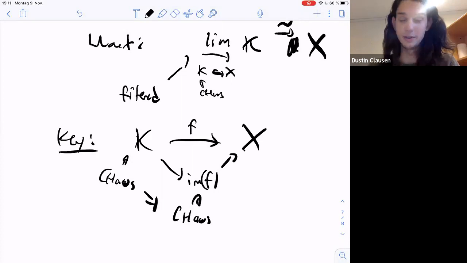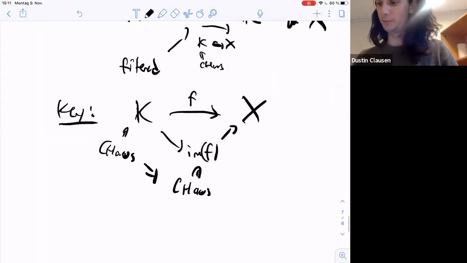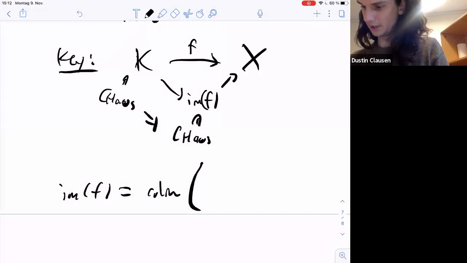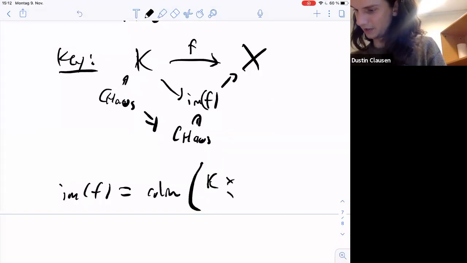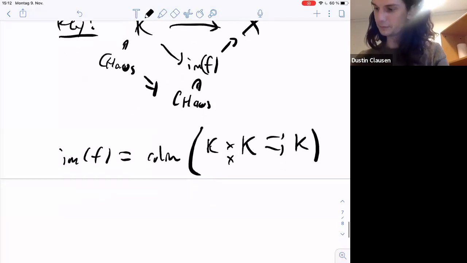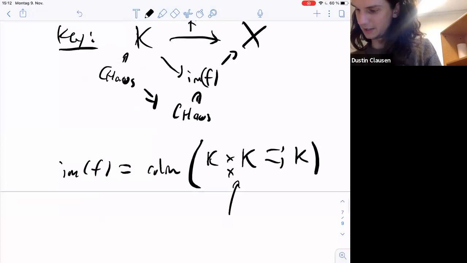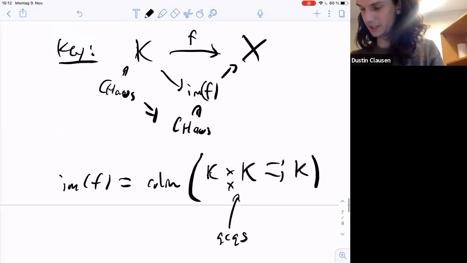Right. So how is this proved? Well, let me recall how you define the image in a general topos. It's the colimit of K cross X K, mapping via the co-equalizer of this diagram here. And this is going to be quasi-compact and quasi-separated because X is quasi-separated and K is quasi-separated.